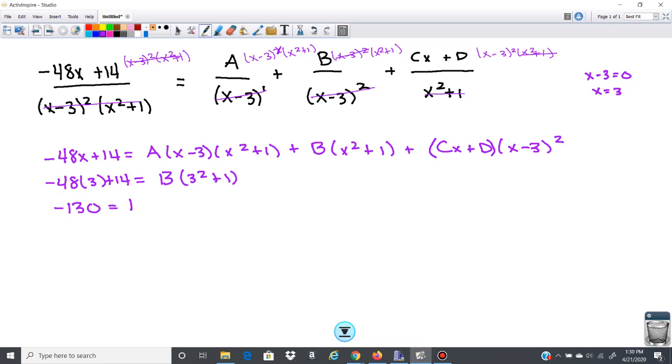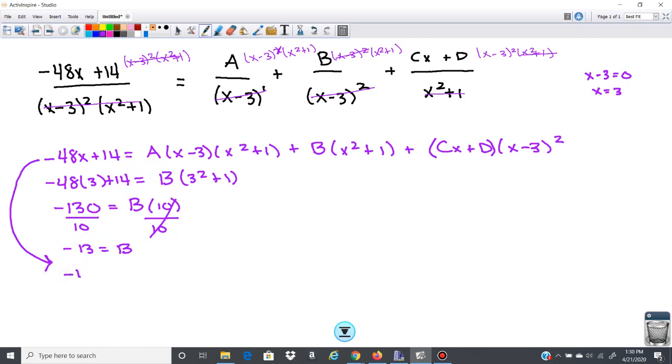And then this is B times 3 squared, 9 plus 1, 10. So then I'll divide both sides by 10, and I'm going to get negative 13 for B. All right, and that's the only thing that I could find using asymptotes. So now I'm going to take this, bring it down here, and plug the negative 13 in.